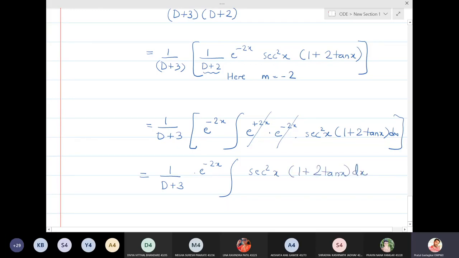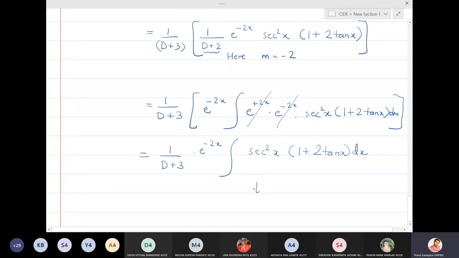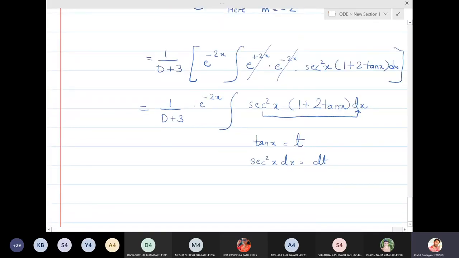Now this is easy because I can just put tan x equal to t, and therefore sec square x dx will become dt. So sec square x into dx will be replaced by just dt. So we will be left with 1 upon D plus 3 e raised to minus 2x dt instead of sec square x dx, and 1 plus 2 tan x will become 1 plus 2t.